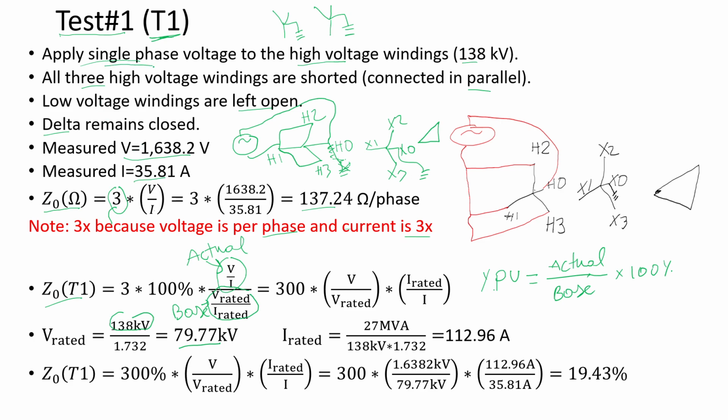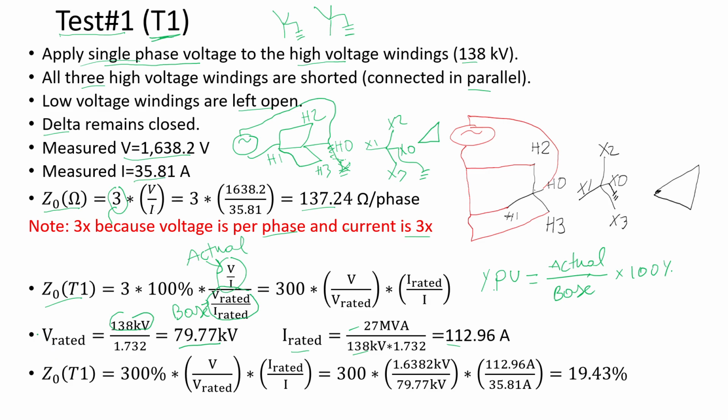So that's why I have to convert to phase to neutral voltage. The rated current, since the base of the winding that I'm applying voltage to, which is the high voltage, is 27 MVA divided by 130 kV times square root of 3, which is 112.96 amps.